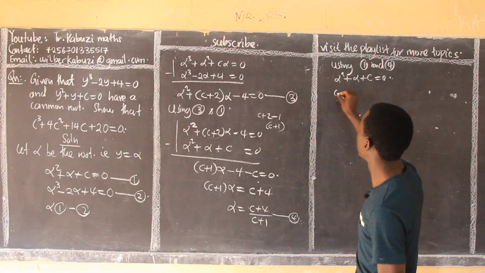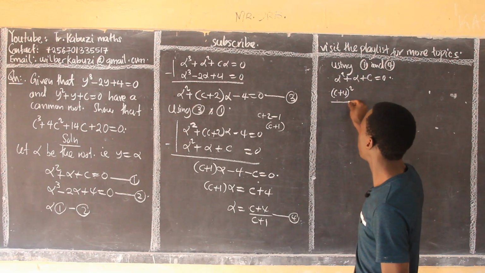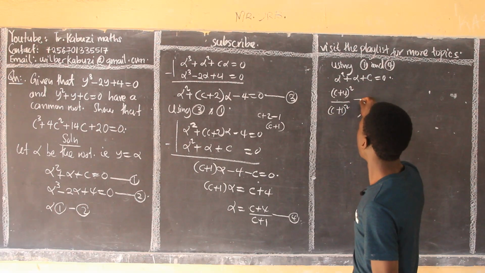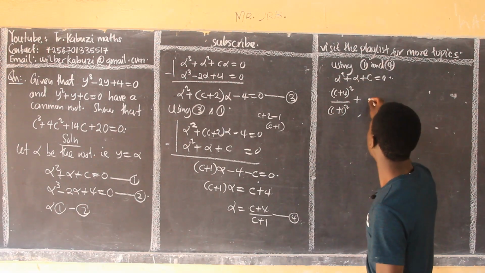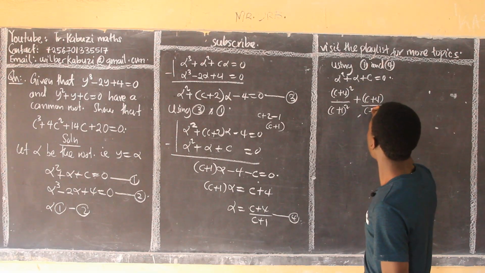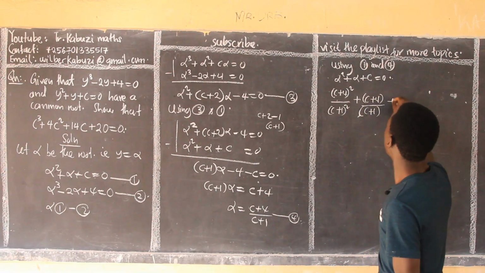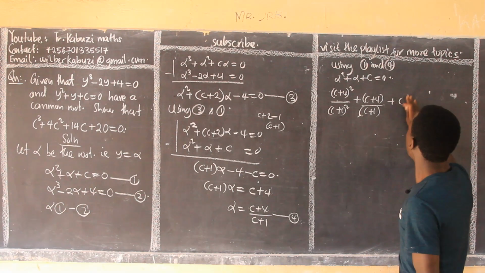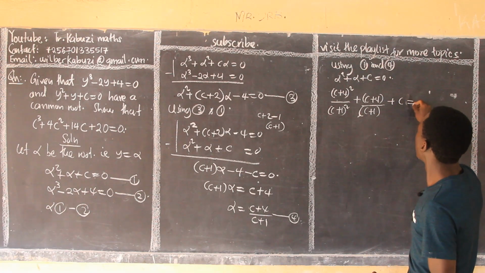So now I'll be having c plus 4, remember we are squaring it, over c plus 1, we're also squaring it, plus alpha, which is c plus 4 over c plus 1, then plus c, this is equal to 0.